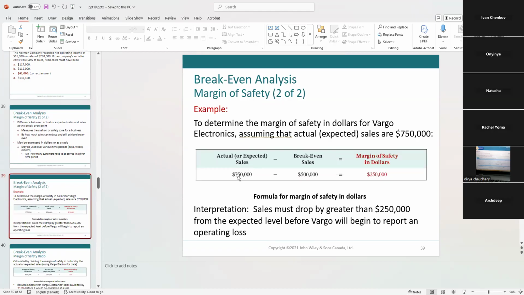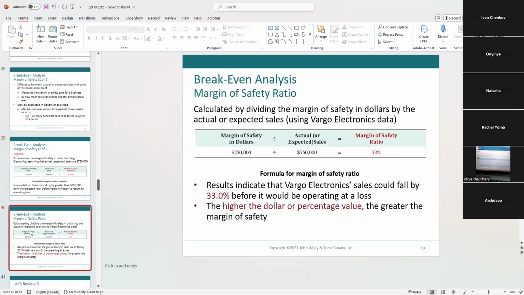They're at $750,000, but they know the break-even is $500,000. So the question is, how much is my margin of safety? Well, $250,000. So my sales can drop by $250,000 until I reach the break-even point.